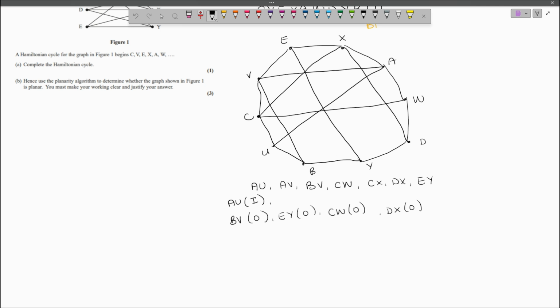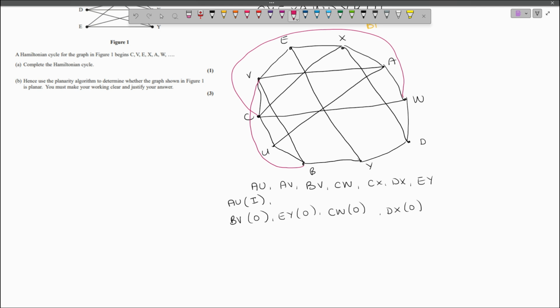I've got a bit of an issue, however. Edges BV and CW intersect with each other. If I look at BV and I look at CW, they intersect each other. So even if I put them on the outside of my graph, no matter whether I do that, they're still going to intersect.